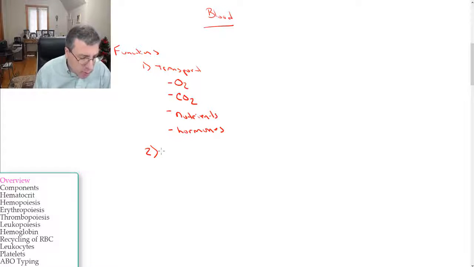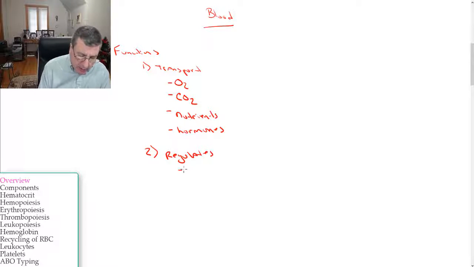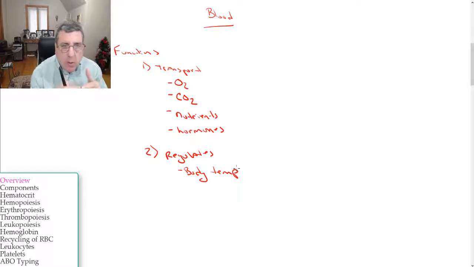Another function of blood is regulating. So what do you think it regulates? It's going to regulate body temperature.